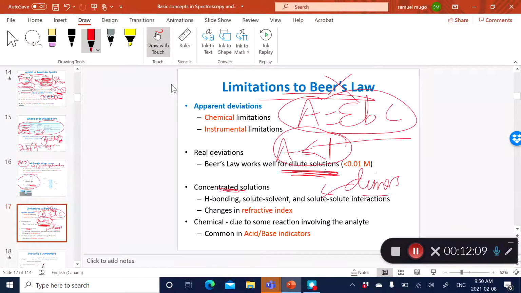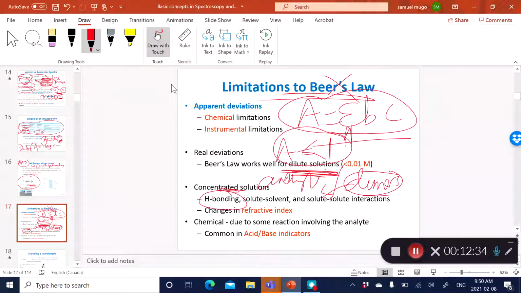All right. And sometimes you can have molecules interacting with each other due to hydrogen bonding, or sometimes due to van der Waals forces. If at all, it is a fairly hydrophobic type of molecule. Now, dimers, compared, say, to the analyte, have very different molar absorptivities.